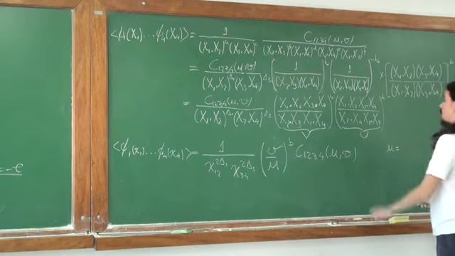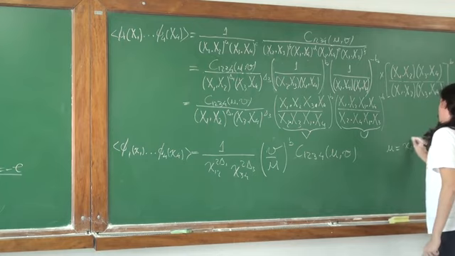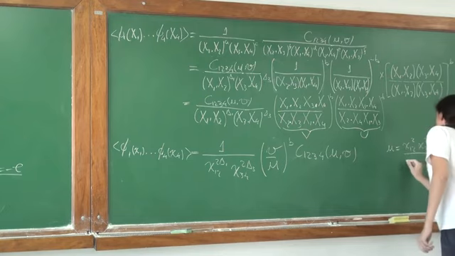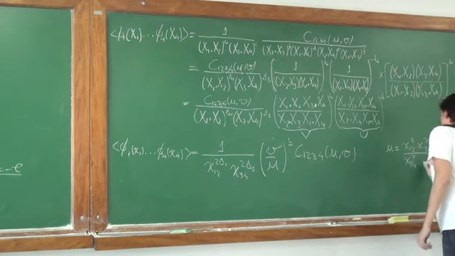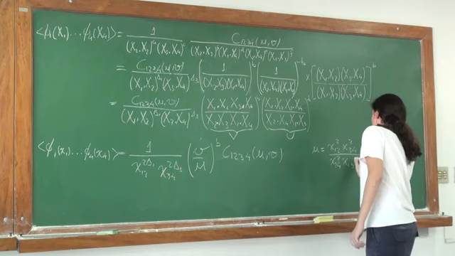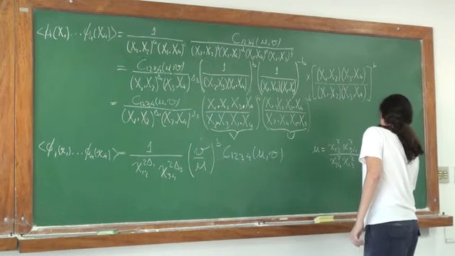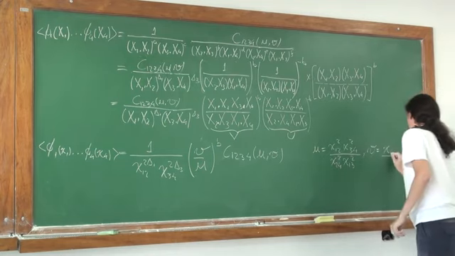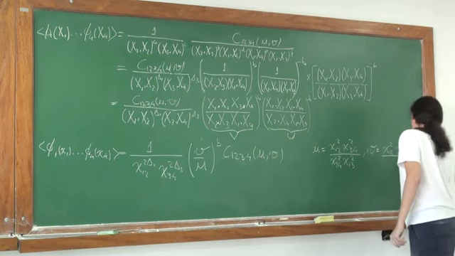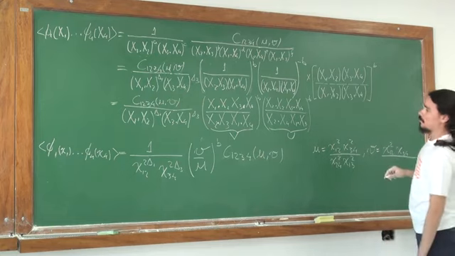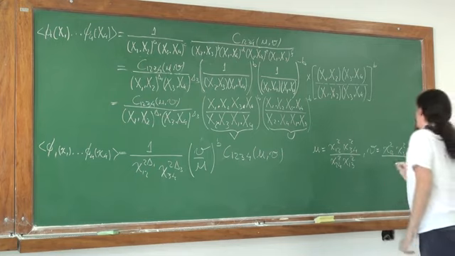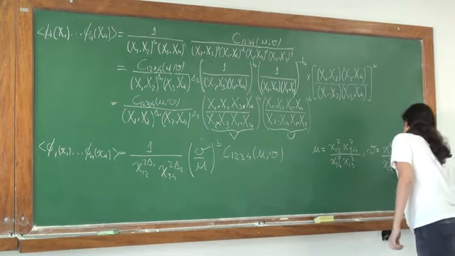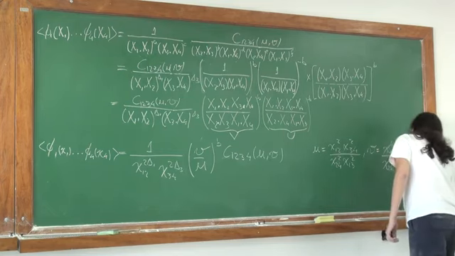u is x_{12}^2 x_{34}^2 over x_{24}^2 x_{13}^2, and v is x_{12}^2 x_{34}^2 over x_{23}^2 x_{14}^2. Okay.